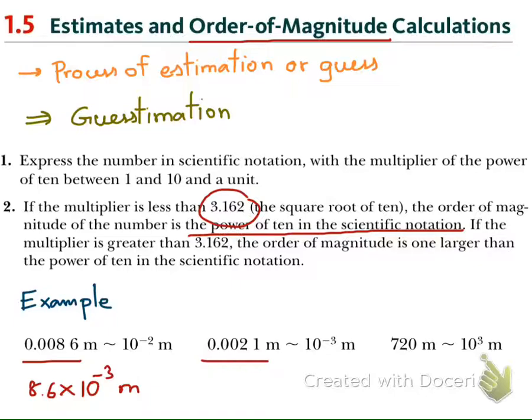But the second number is 2.1 times 10 to the -3, and 2.1 is less than 3.162. So we have the order of magnitude of 10 to the -3.